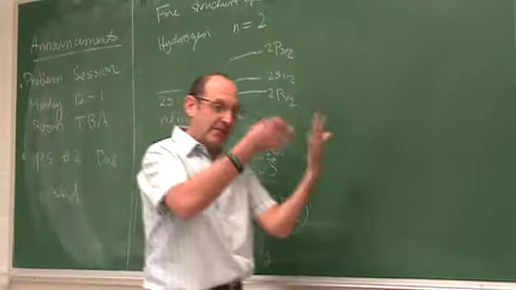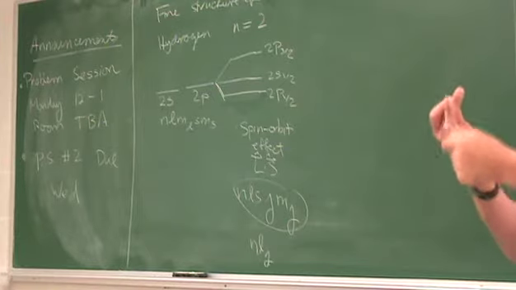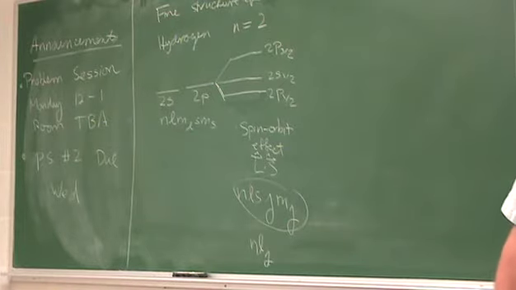And we need to think about the actual splitting, we need to think about the other relativistic corrections, the Darwin term and the relativistic kinetic energy.